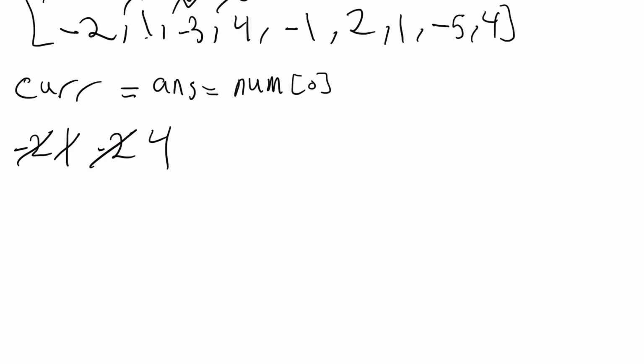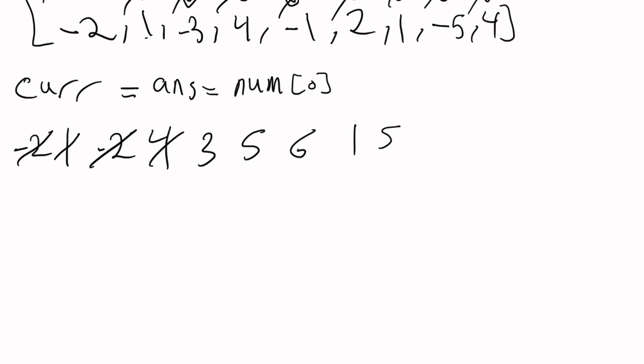Alright, so keep moving. 4 plus -1 is 3. 3 plus 2 is 5. And 5 plus 1 is 6. And 6 minus 5 is 1. And 1 plus 4 is 5.